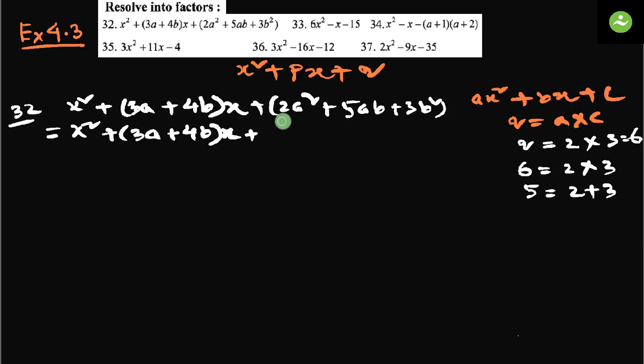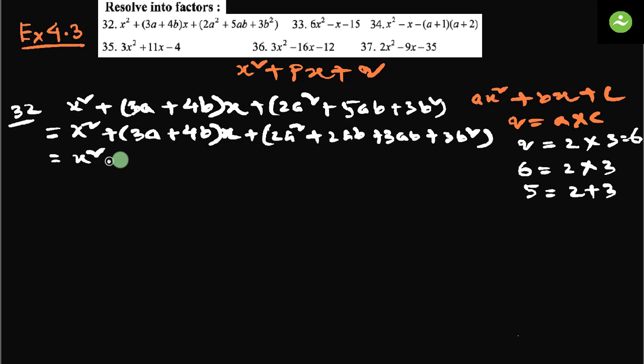Okay, now can we factorize it? Yes. 2a squared plus 2ab plus 3ab plus 3b squared equals x squared plus (3a plus 4b) into x plus, what we can take common here?